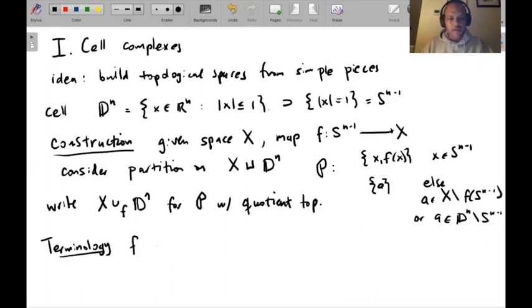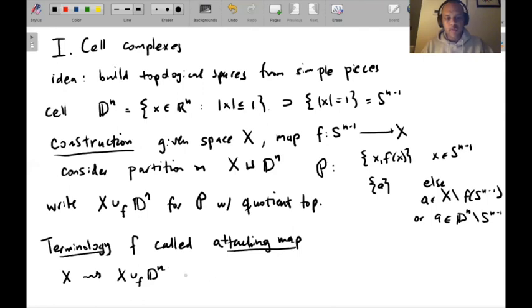Here f is called an attaching map. And the procedure of going from X to this quotient space is called a cell attachment. So cell complexes are spaces that you can obtain from iteratively doing cell attachments.